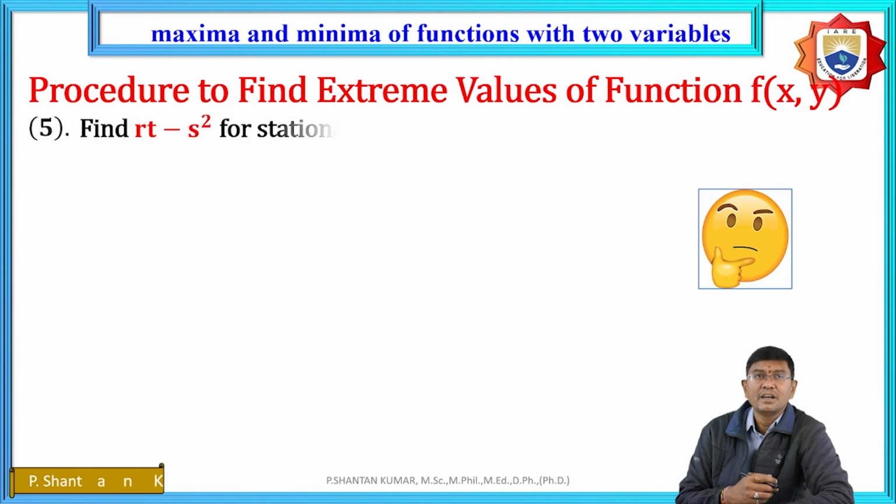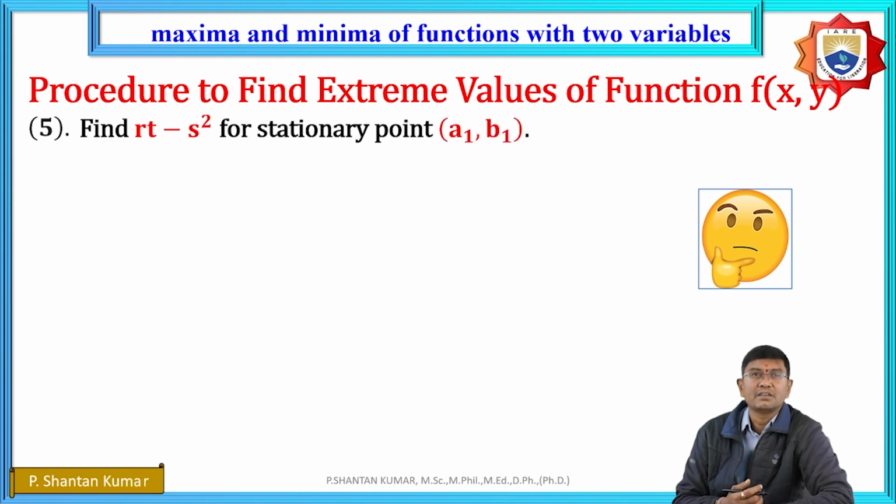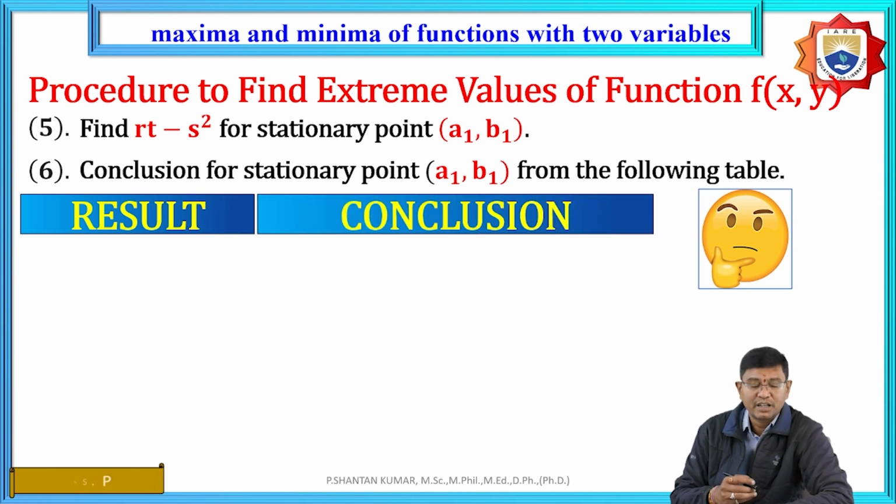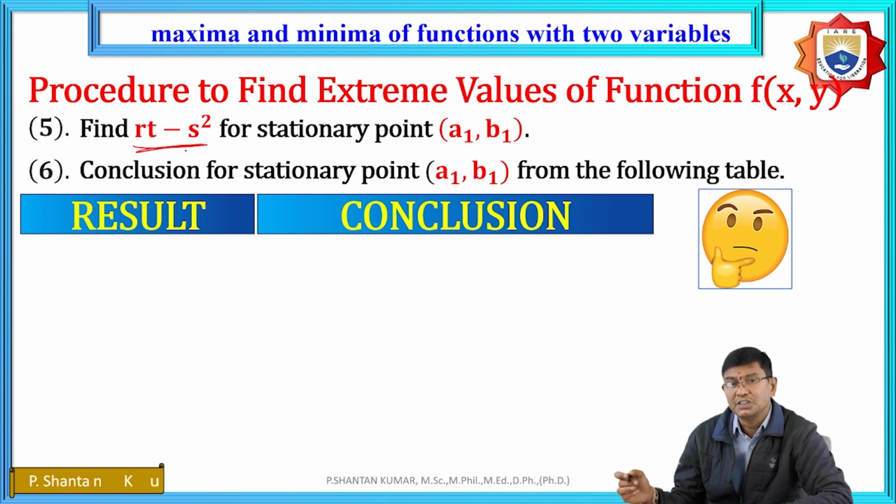That means finding rt minus s square at the stationary points, and the conclusion based upon that. Based upon the condition of rt minus s square, we identify the result.